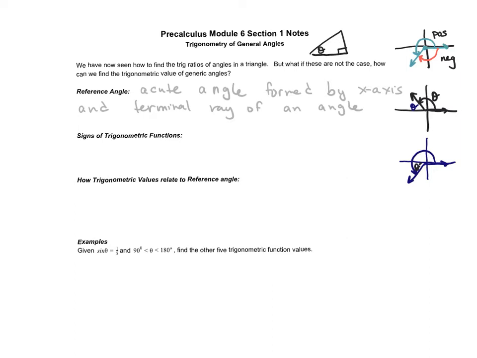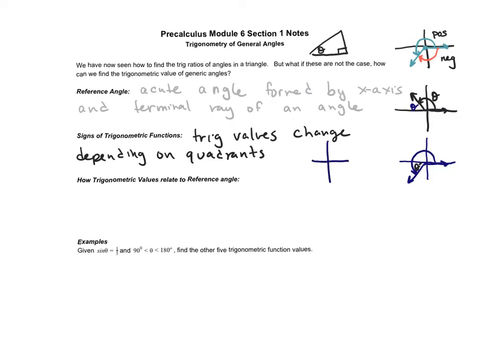Another thing that's very interesting is that the trig function values change depending on the quadrant. Different quadrants have different signs of their trig values. When I say signs, I mean negative or positive. There's a really easy little acronym to remember which ones are positive.